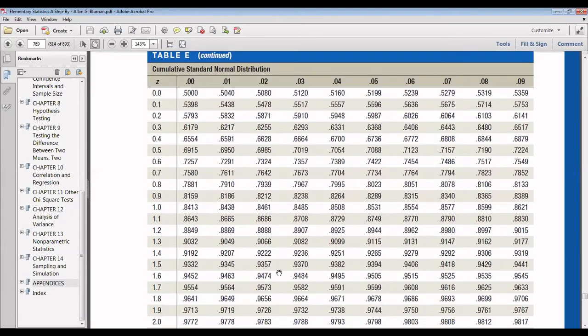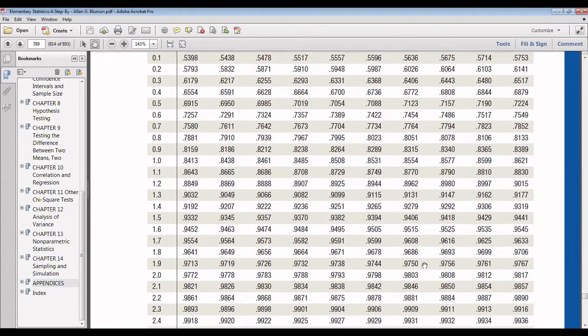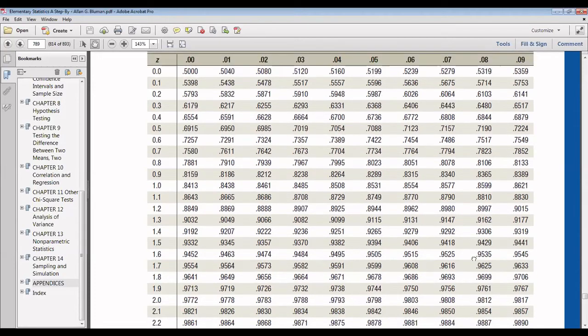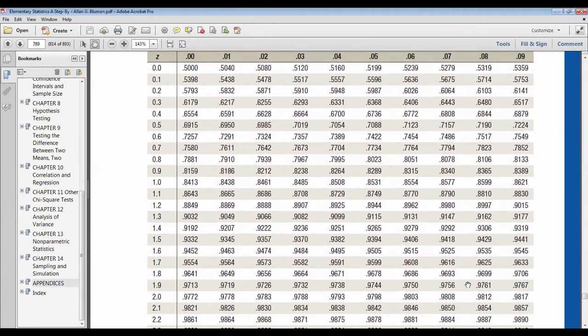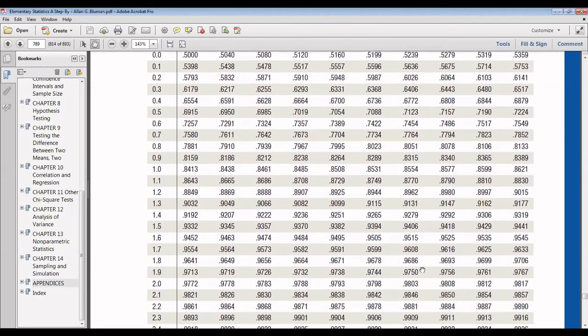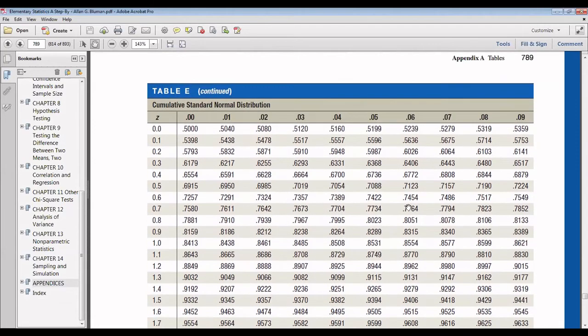So hanapin natin si 0.975. Saan siya? Here. 0.975. So ano yung Z critical na corresponding? 1.96. Okay?